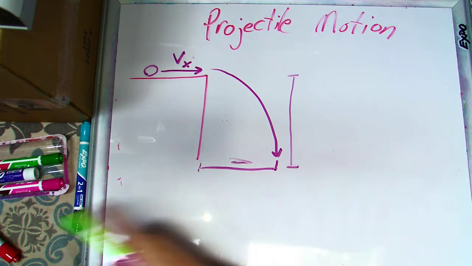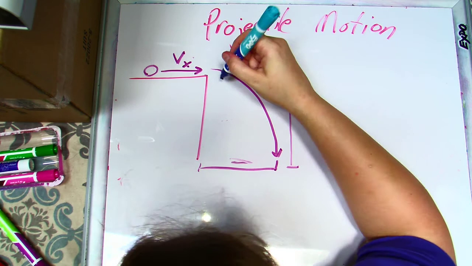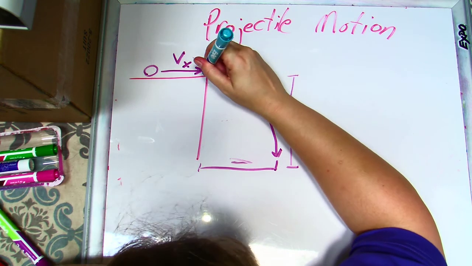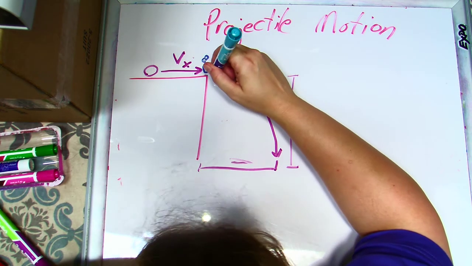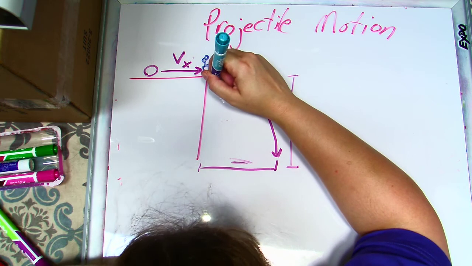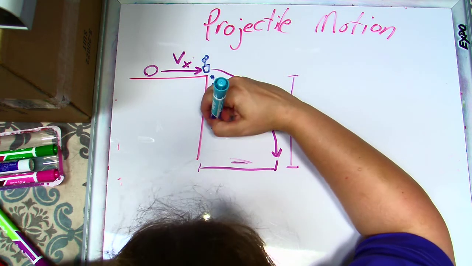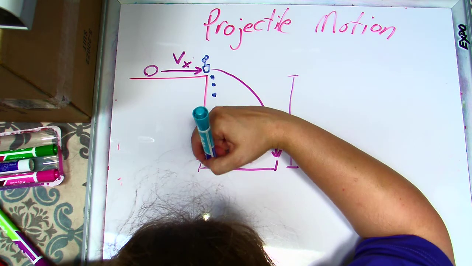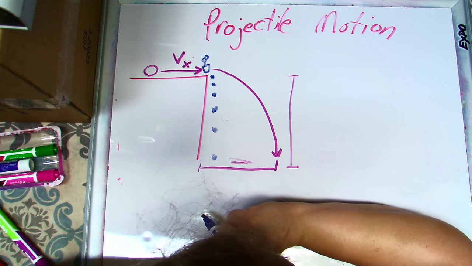And what I kind of mean by that, once it leaves the table, remember the flower pot? When it was in free fall, it experienced a constant acceleration due to gravity, right? So at each time interval, its velocity increased by the same amount.